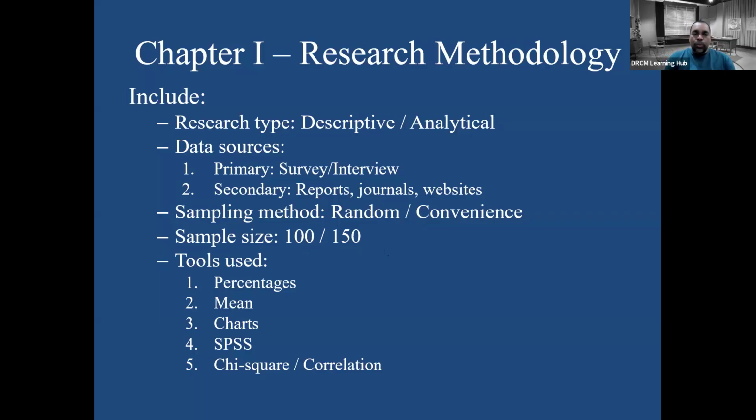Now tools used in your research. Tools used means, as we already said, you calculated percentage, mean and charts using SPSS, Excel, and you calculated chi-square test, correlation, regression, whatever you used, graphical presentation or statistical calculation, you can mention all that under tools used.